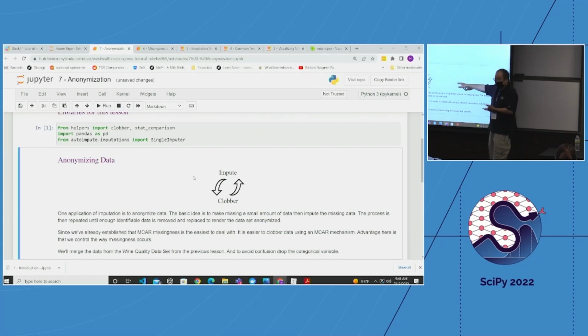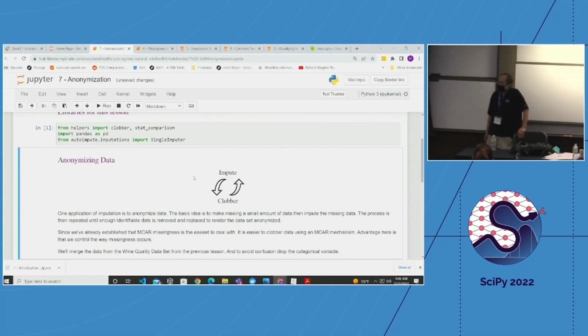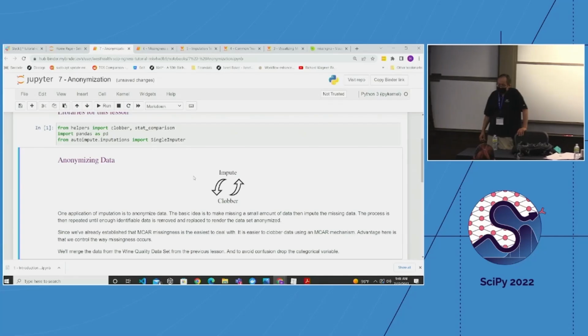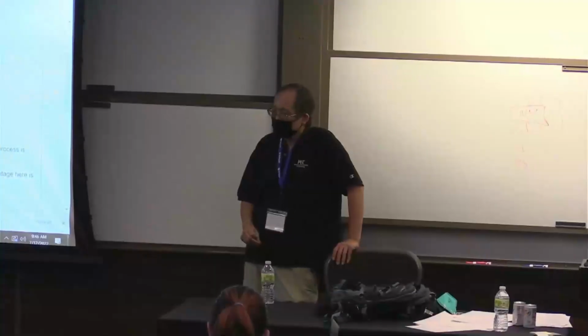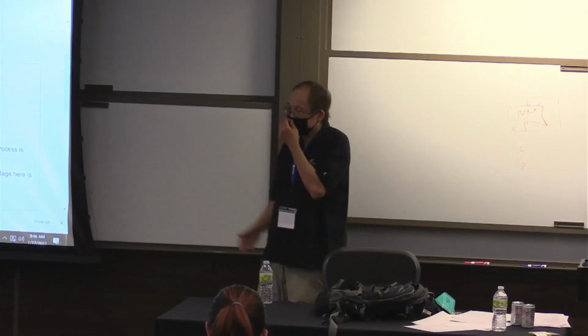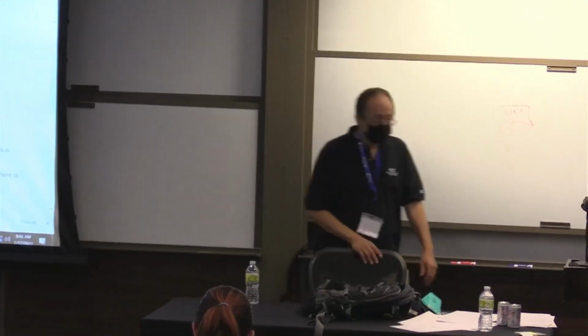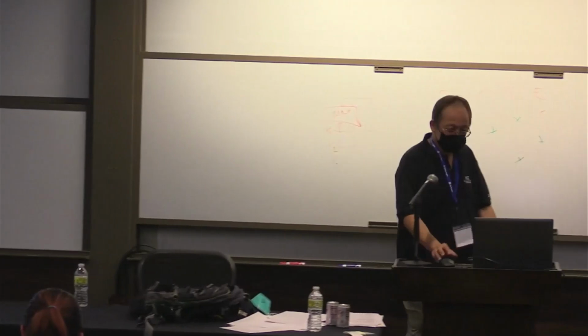If the imputation is good, then the data will still be good for my purpose, but it'll be anonymized, because the person with the weight of exactly 106.3 pounds doesn't actually exist. But the data set was close enough to do what I need to do.